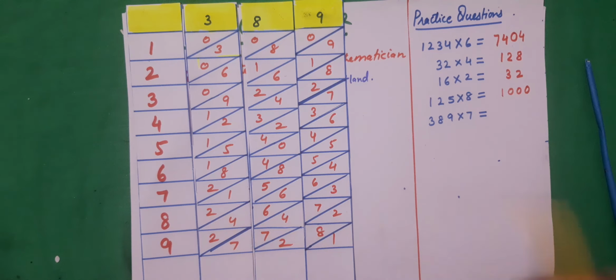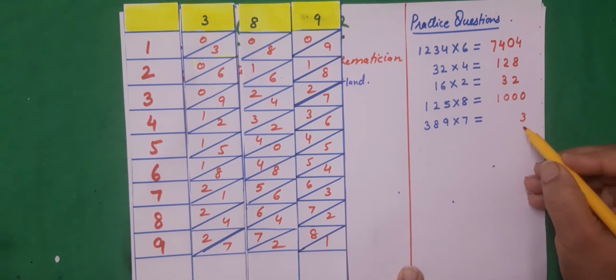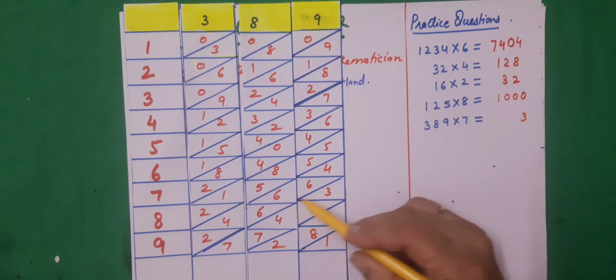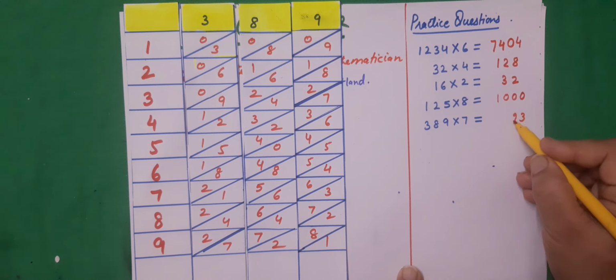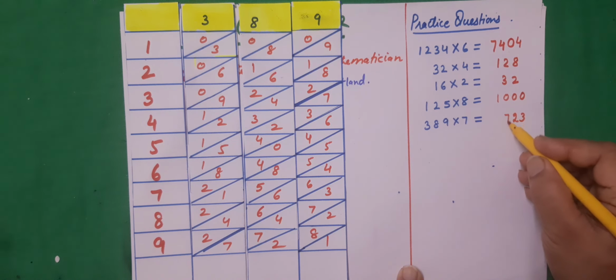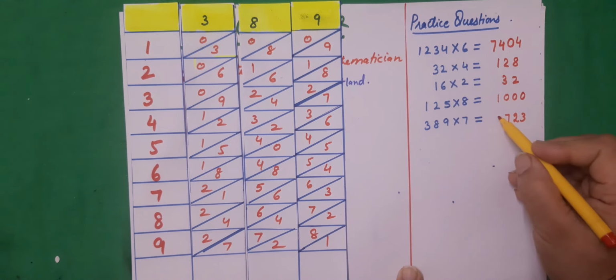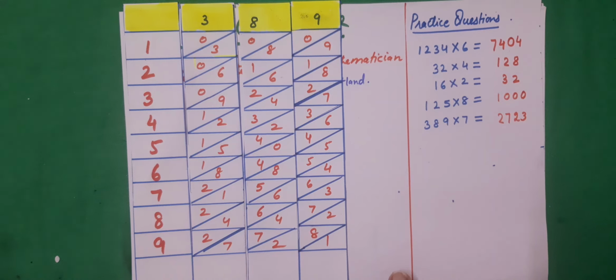Let's start writing the answer. First it is going to be 3. Now I know you must be experts in telling. 6 plus 6 is 12. 2 will come, 1 carried. 5 plus 1 is 6. And 1 7. And then here it is 2. So the answer is 2723.